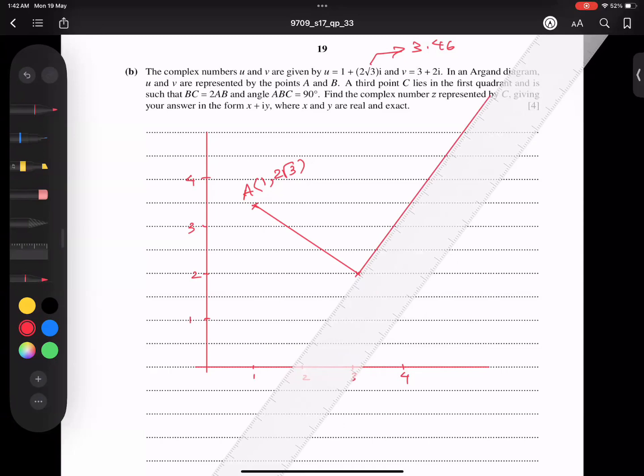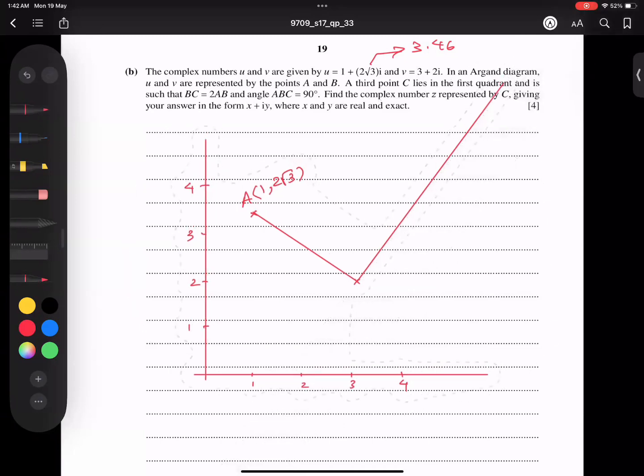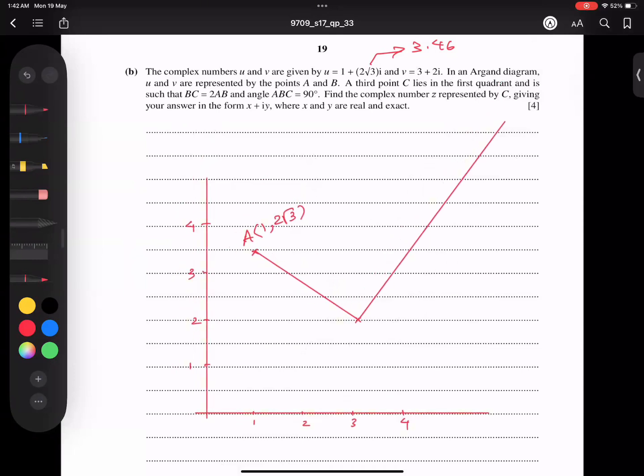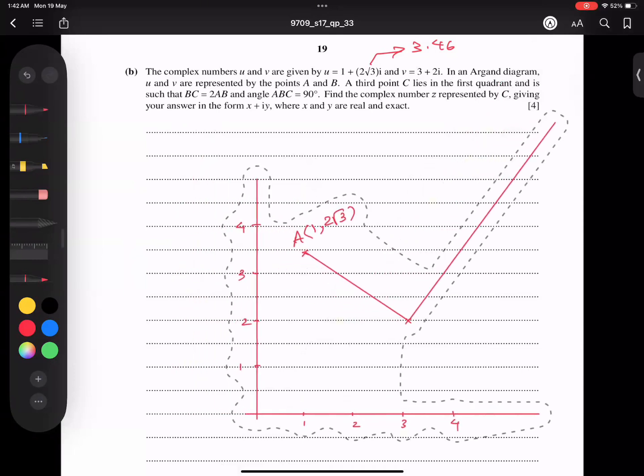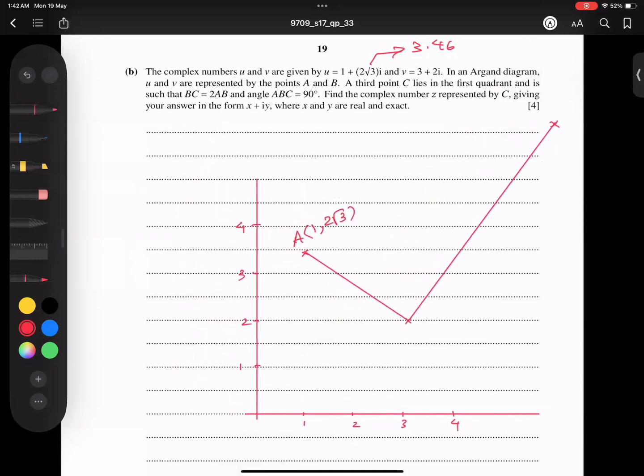And this distance is approximately double. Let me check. Yes, double. I remove the scale and bring the whole thing slightly down. And you can see now that this is C, and we have to find out its coordinates.